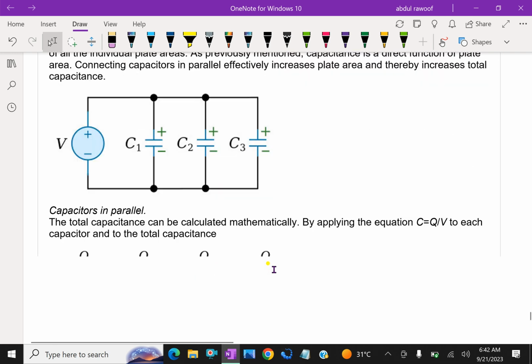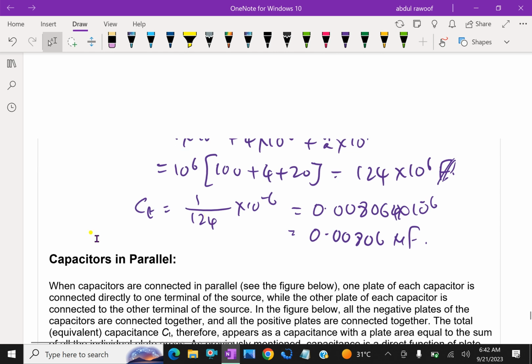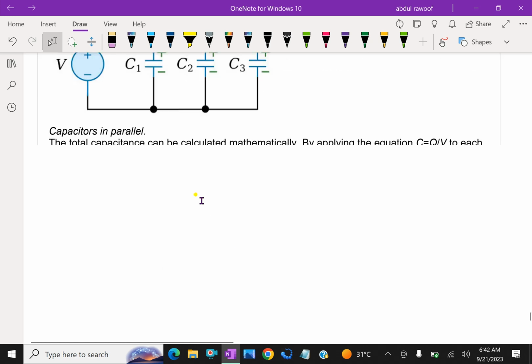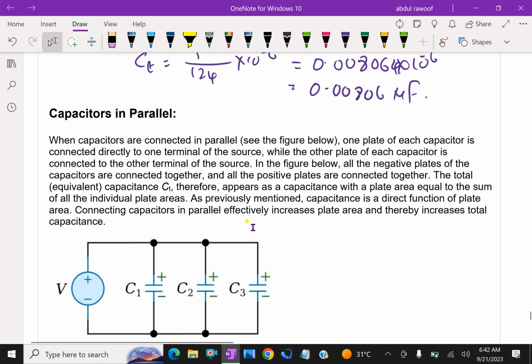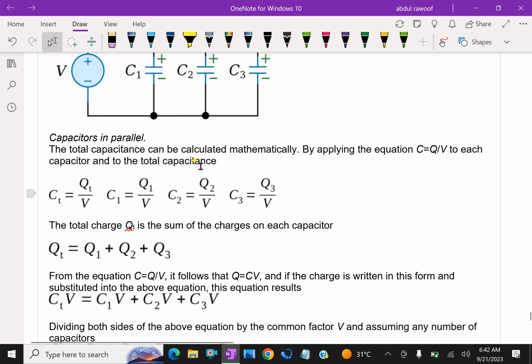Next question, we talked about capacitors in parallel. Now capacitors in parallel. The total capacitance can be calculated mathematically by applying the equation C equal to Q over V to each capacitor and the total capacitance.